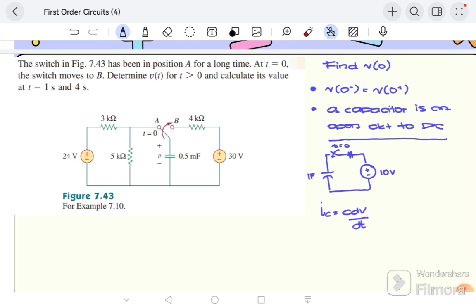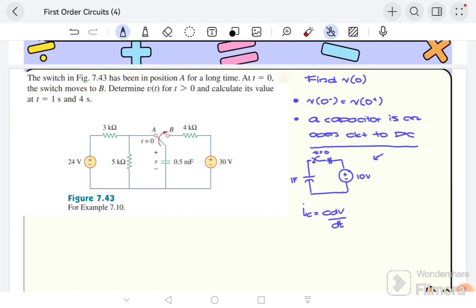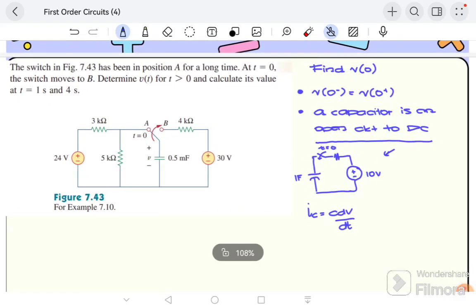Once the capacitor reaches its maximum voltage, the voltage of the source connected to it, which in our case is 10 volts, its voltage becomes steady at that value. Once it is 10 volts, the voltage no longer changes.